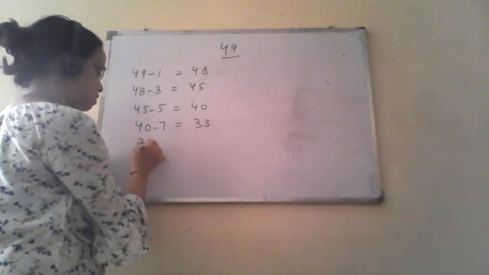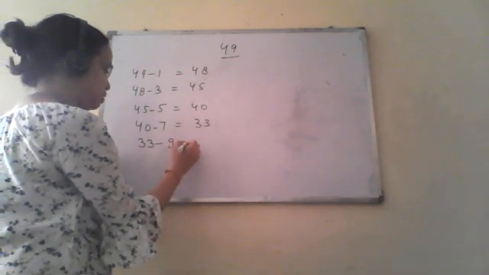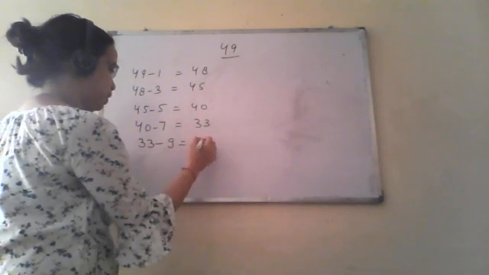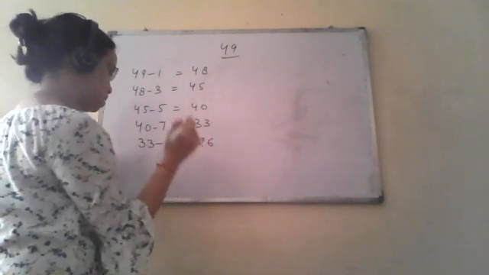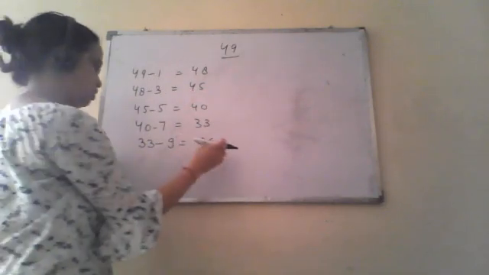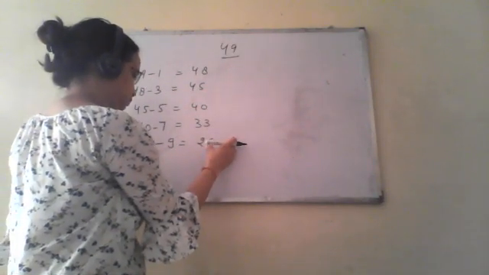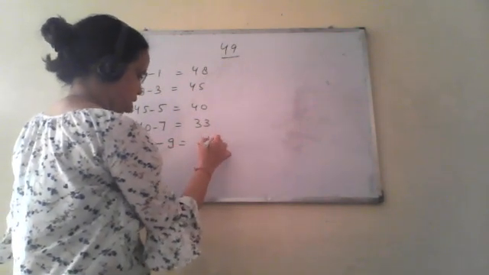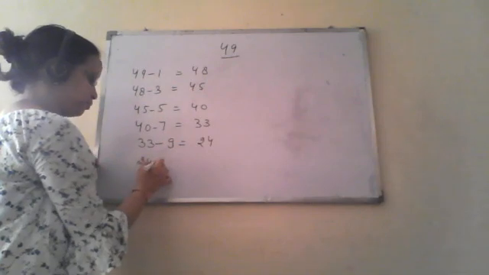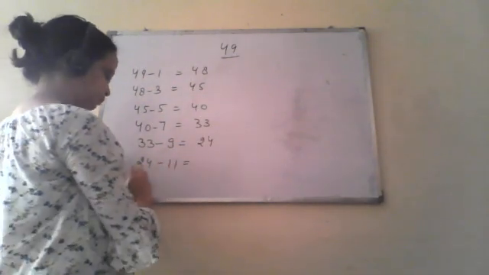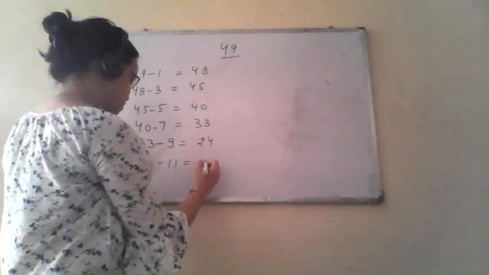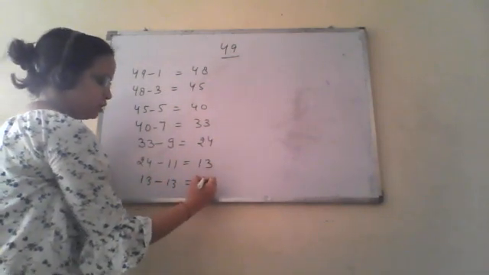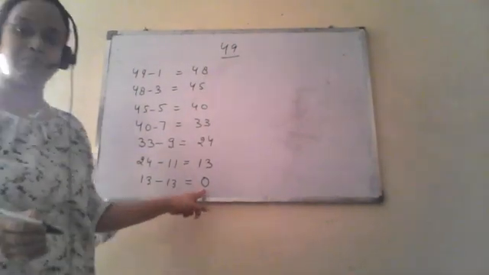From 33 we have to subtract 9. This is 24. From this 24 we have to subtract 11, and this is 13, and from this 13 we have to subtract 13, and the resultant should come 0.